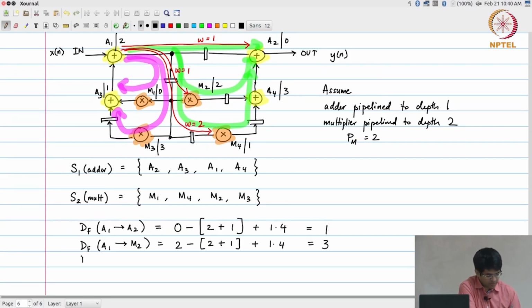What about the DF from A1 to M4? In this case it is 1 minus 3 plus 2 into 4. So, 1 minus 3 minus 2 plus 8 is equal to 6.